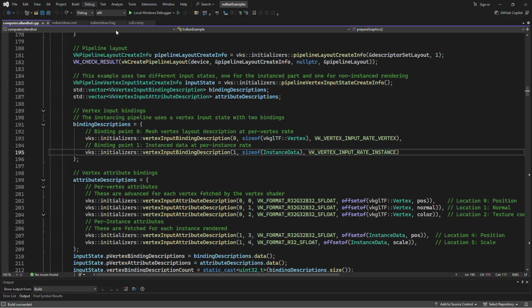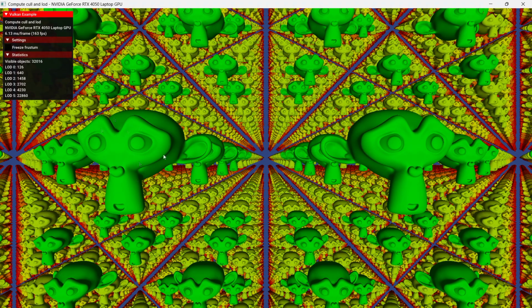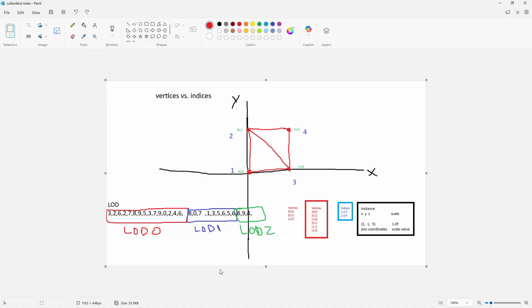For the high detailed one, it's a very detailed object, and we have to run through all these vertices, 10,000, 20,000 vertices, or a lot of indices, in order to get our object.